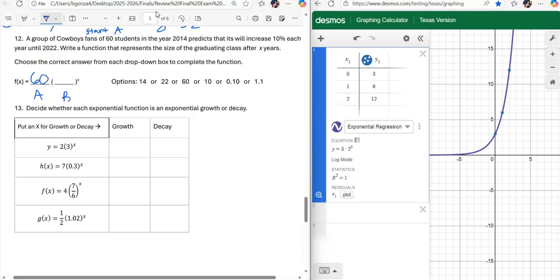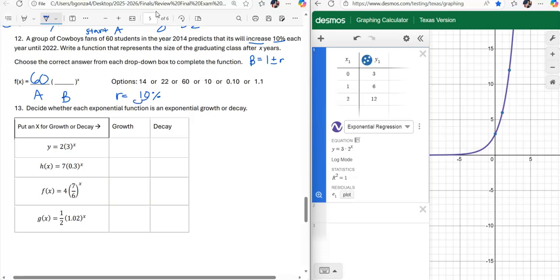And then to get your B value, it's 1 plus or minus the rate. So if it's increasing 10%, okay, so R equals 10%.